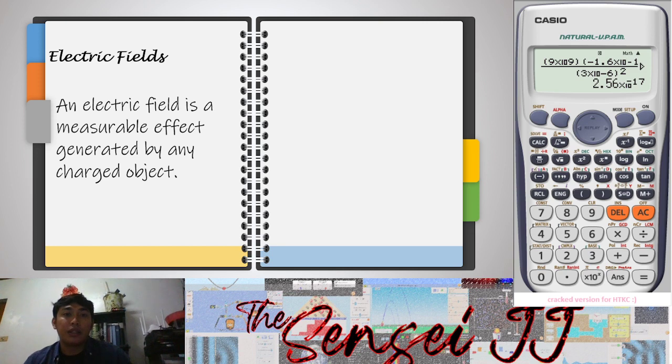For example, in a power plant, that's why they are advising other people to keep out, for the reason that there is a high probability that a person will be struck by lightning or electricity when you enter an electric power plant or dun sa mga poles, dun sa maraming poste. Because electricity in that electric field is very much present.